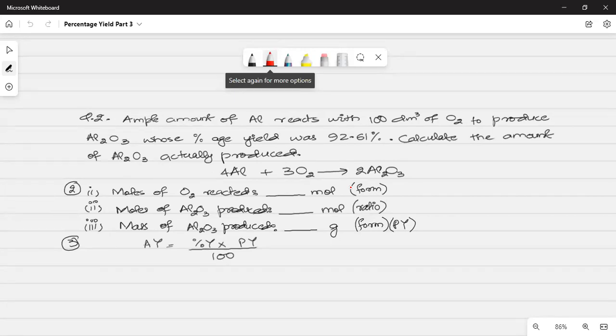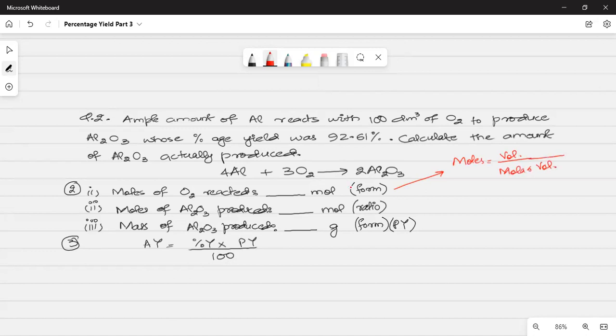So the first step really is moles of oxygen reacted, and this is a formula step. Solving this step, moles, as per our formula, is equal to volume over molar volume. Now, how do I know that I need to use this formula?